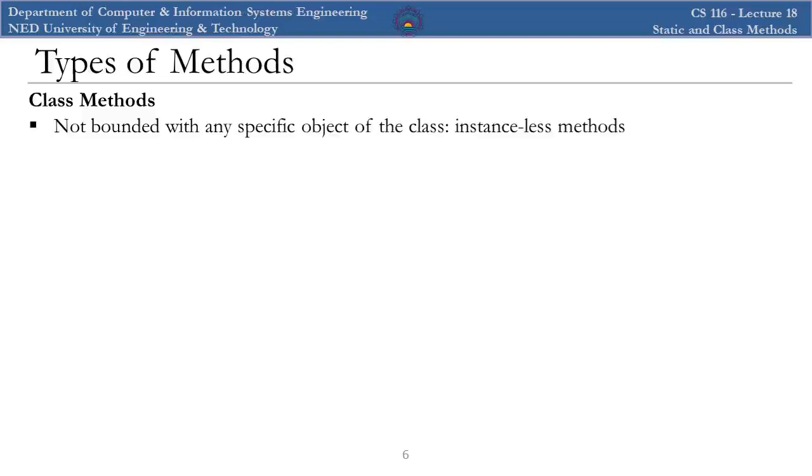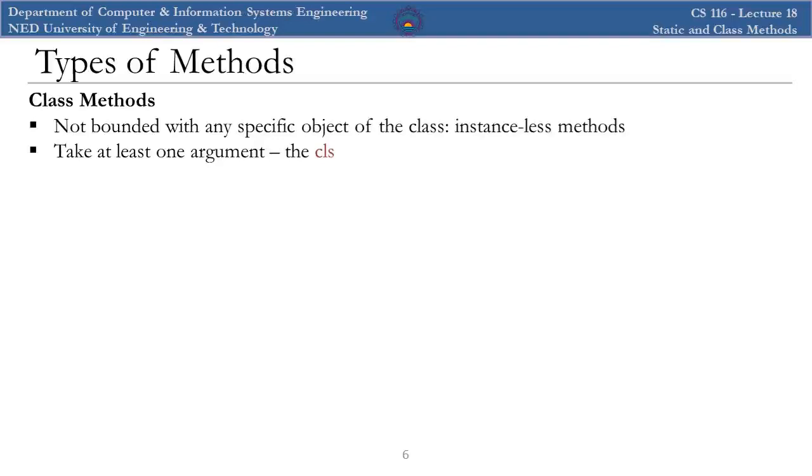I'll show that to you later. But we do not require an object to access them, so they are called instanceless methods. In class methods, we provide one special argument, the same way as we do in instance methods.